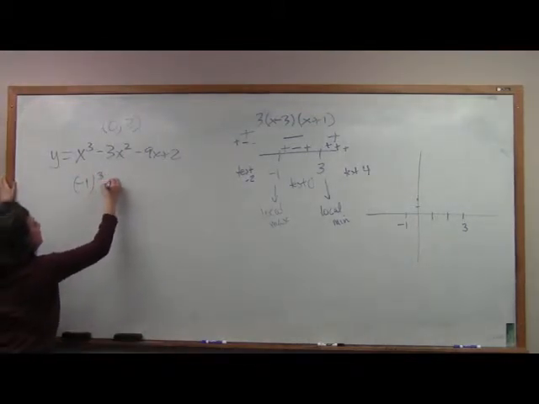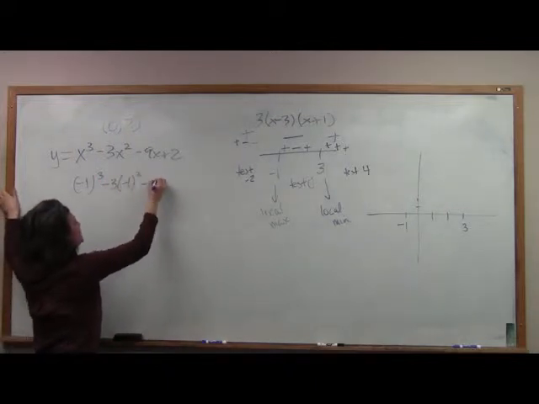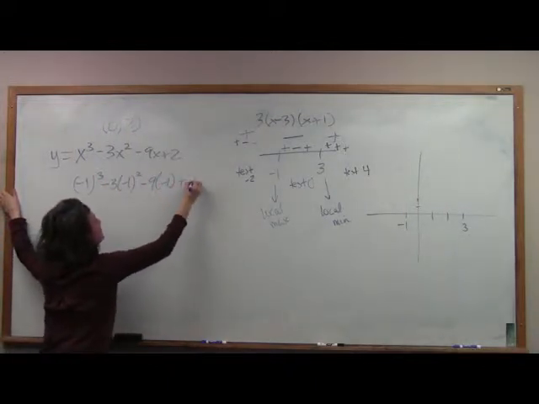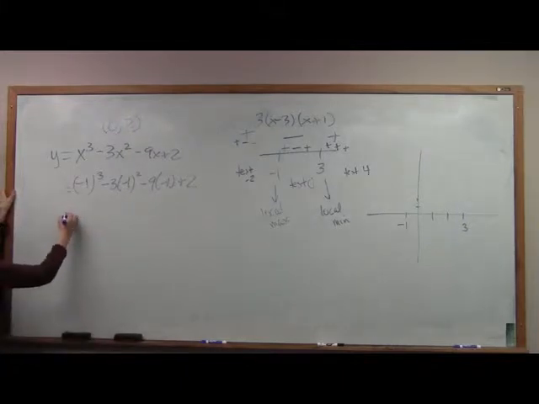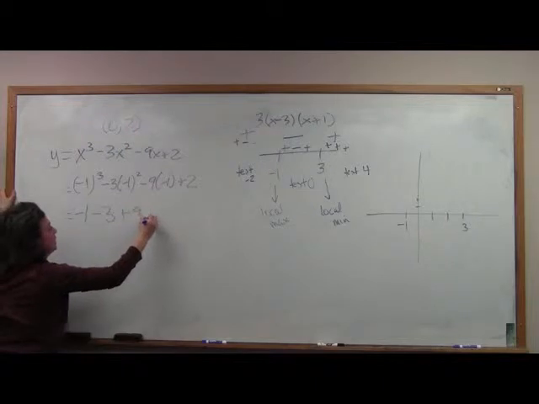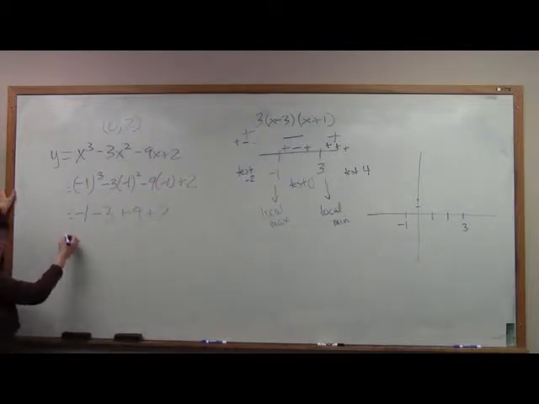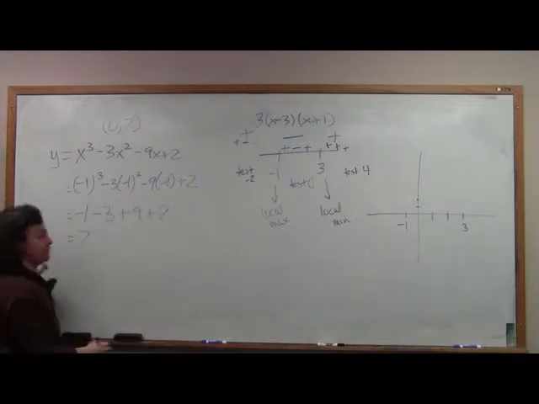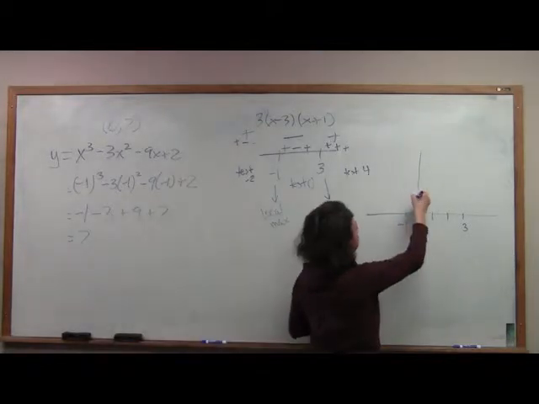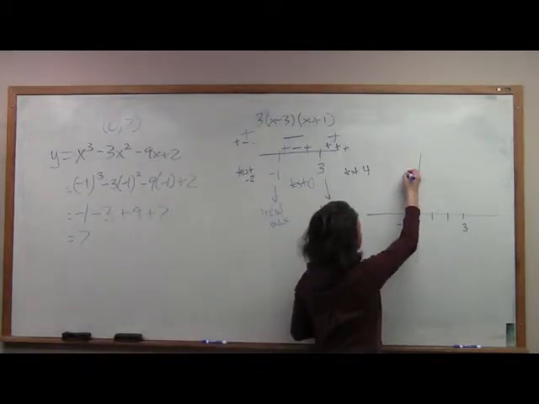I have -1 cubed minus 3 times -1 squared minus 9 times -1 plus 2. So what do I get? -1 minus 3 plus 9 plus 2. So we get 7.